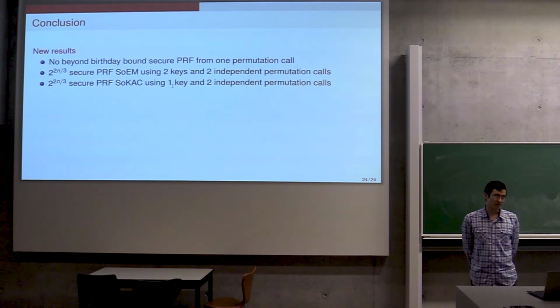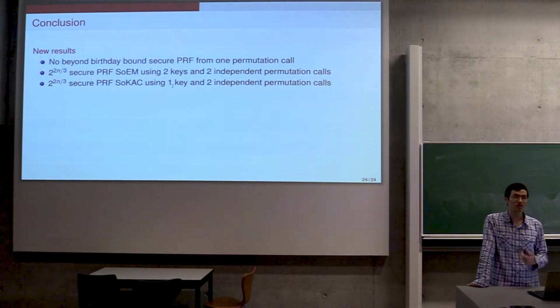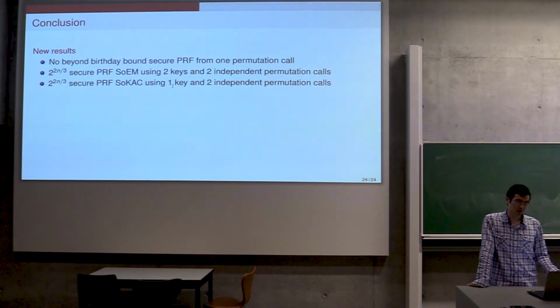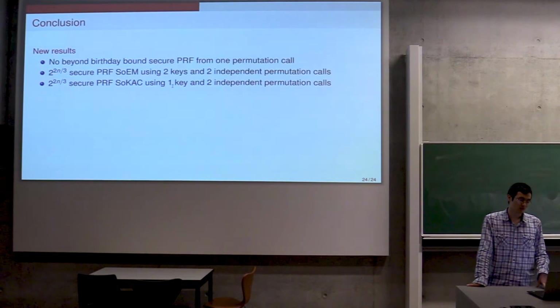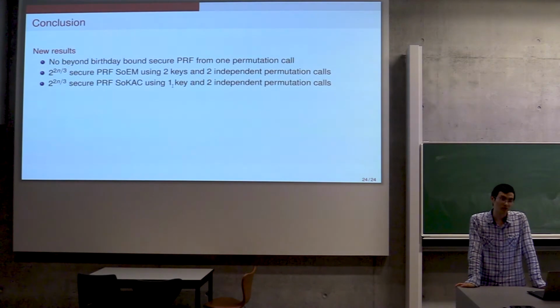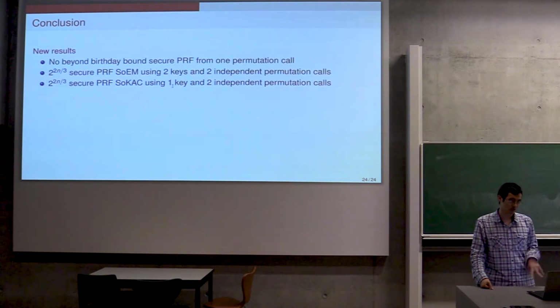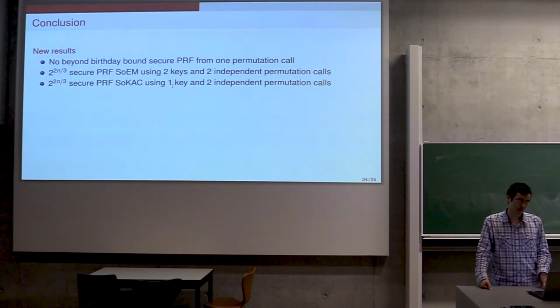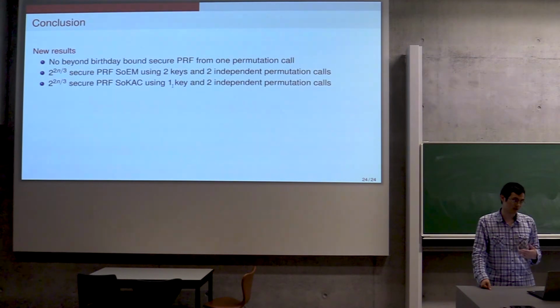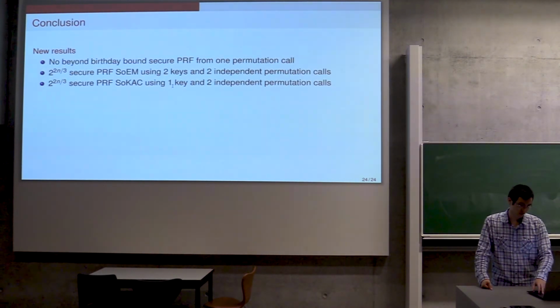The results achieved here are that we know there cannot be beyond-birthday-bound secure PRFs using just one public permutation call, and we designed the SUM construction, which is a 2n/3-bit secure PRF using two independent keys and two independent permutation calls. We are also able to show that the SoKAC construction is a 2n/3-bit secure PRF while using two independent permutation calls and one single key.